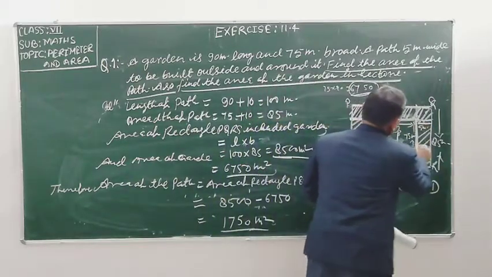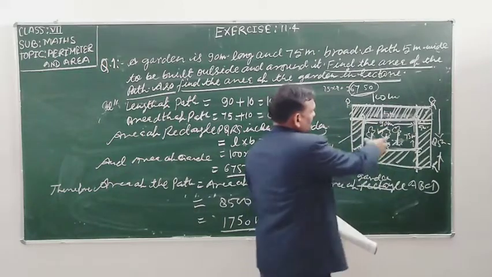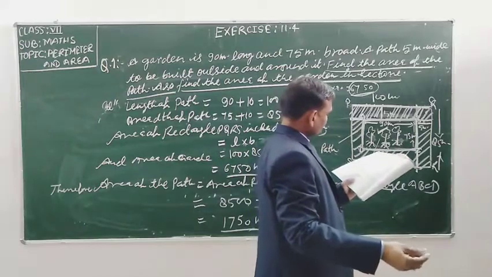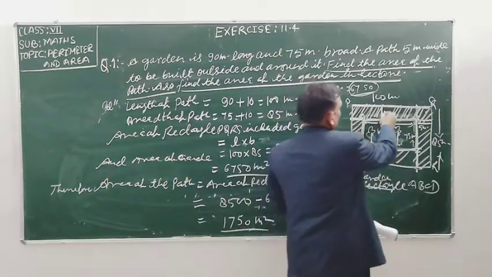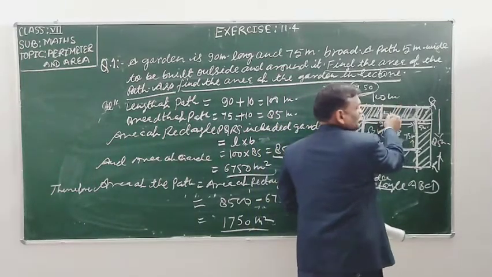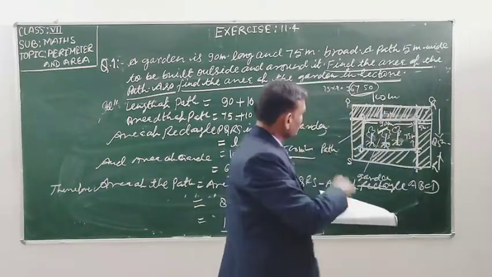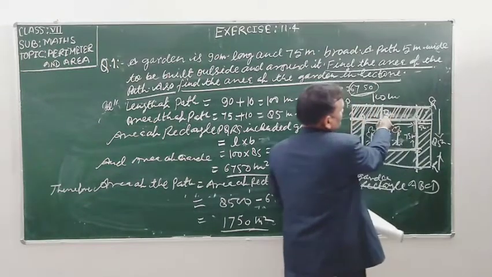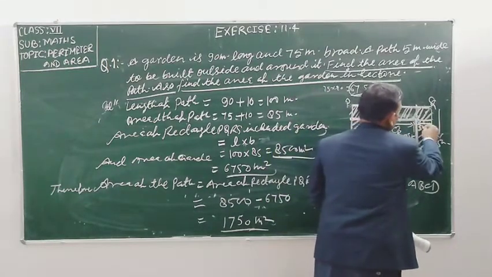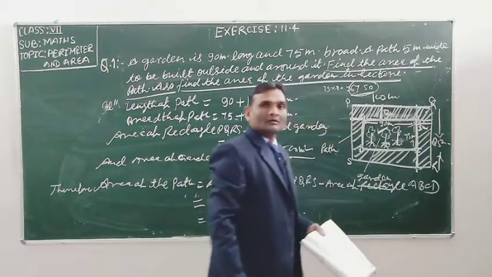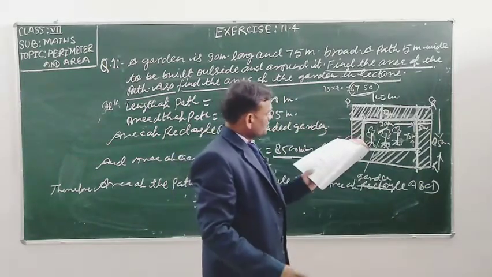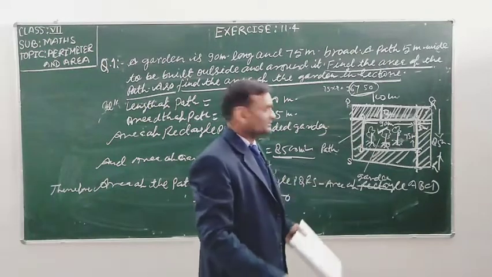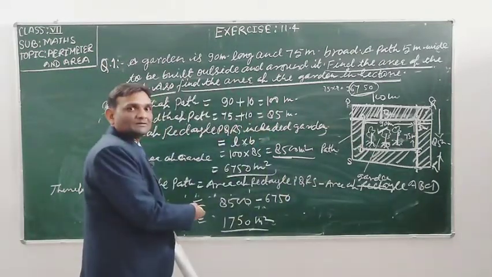Suppose that this is the rectangular park, student. ये आपका rectangular park है, और इसी rectangular park के outside 3 meter wide path है. This was 5 meter in question number 1st. In question number 2nd, this value is changed, 3 meter, and this is 3 meter. So student, the question is asking me to find the area of the path. Same question, find the area of the path.